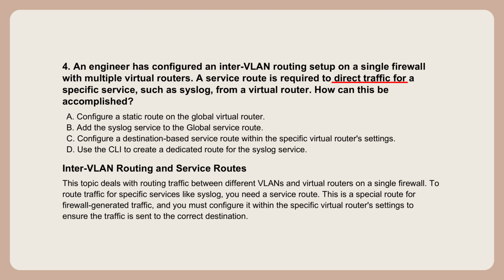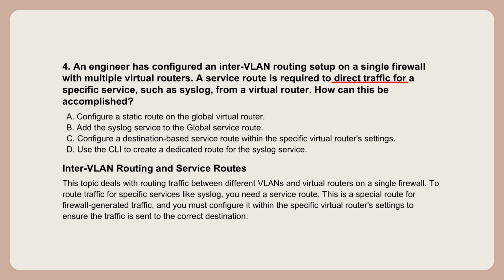This gets into some nice granular routing control, essential when you're segmenting networks with virtual routers, or VRs, because each VR is like its own independent routing table. So you often need to steer specific types of traffic, like management traffic or logging, without affecting how, say, user web traffic is routed in that same VR or other VRs.